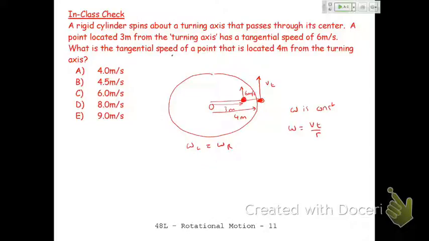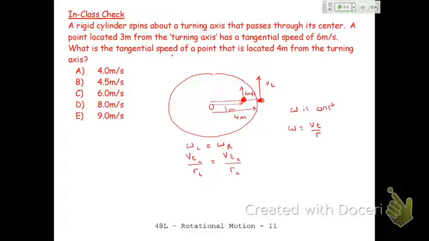So V tangential on the left over R on the left is equal to V tangential on the right over R on the right. It's confusing, switching between the omegas and the V's, but you've got to get used to it, because they mean different things. They might both be velocities, but they're different things.